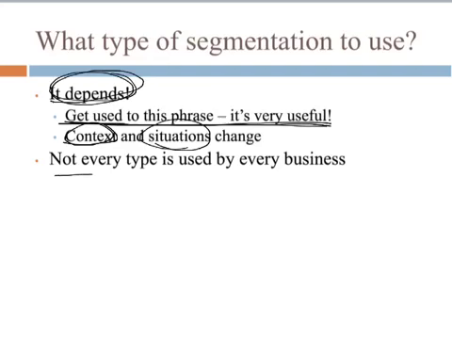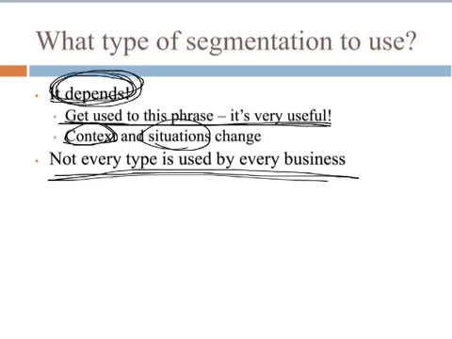Not every type of segmentation is used by every business. What's right for one company might not be right for another company. So we have to say it depends and then go on to talk about why it might work in some situations and not in others. For example, in the case of clothing, gender is very important and so is age, especially for children's clothing.